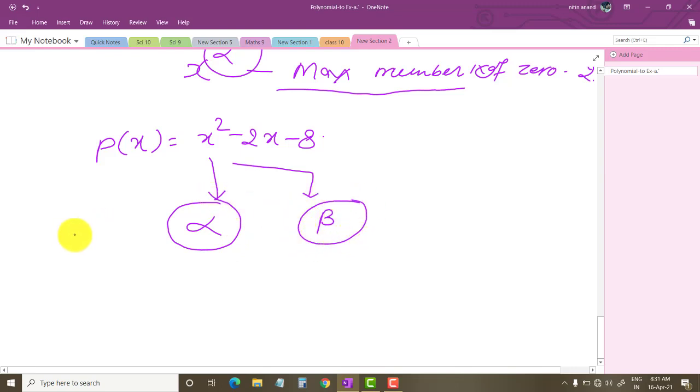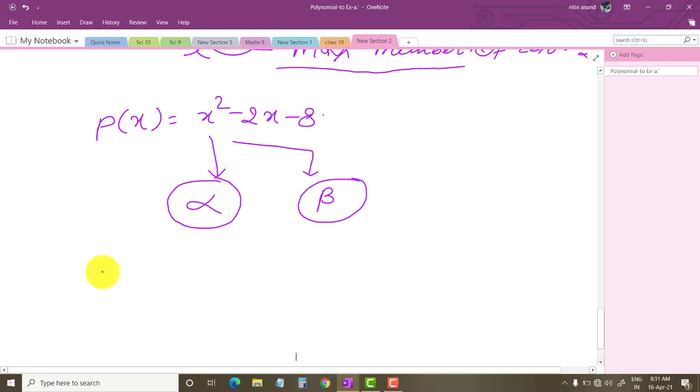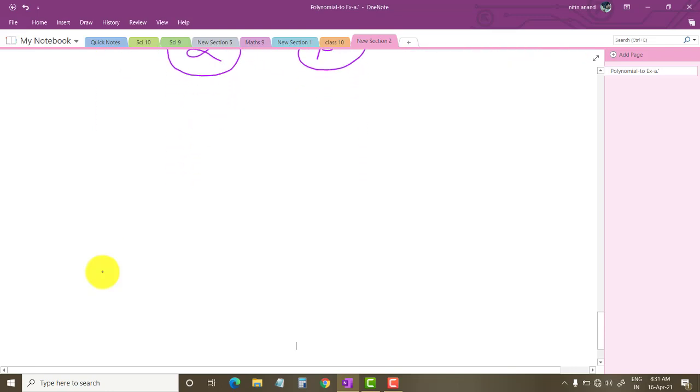Then the relation between the coefficients and zeros will be, first of all, we will write the sum of zeros.